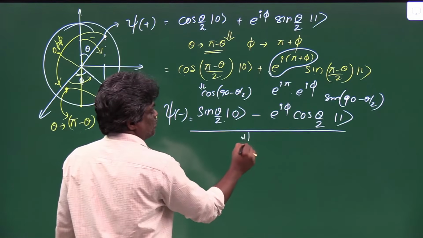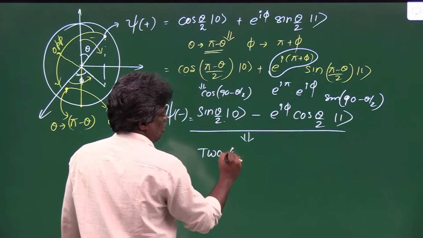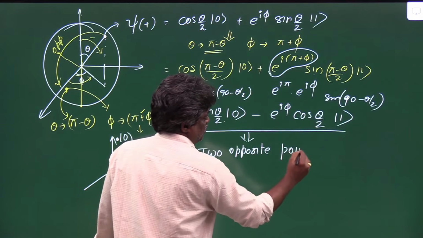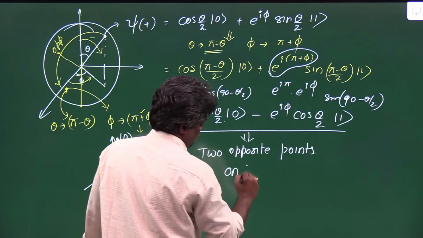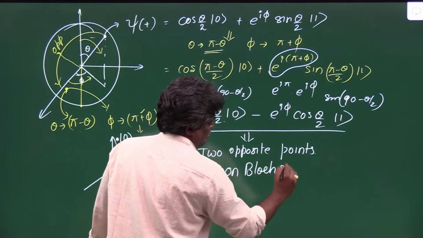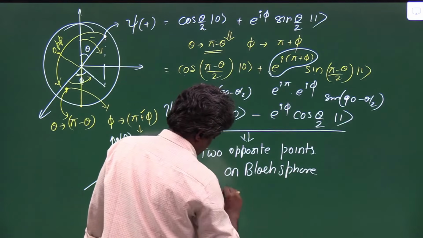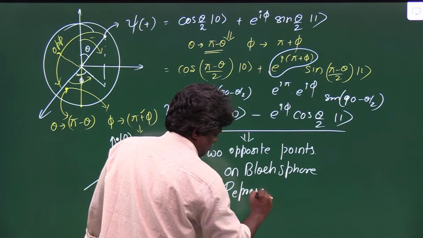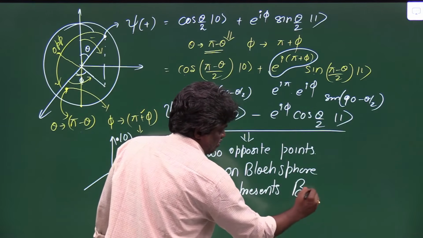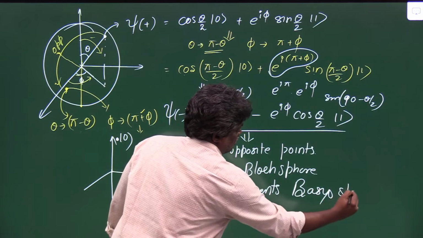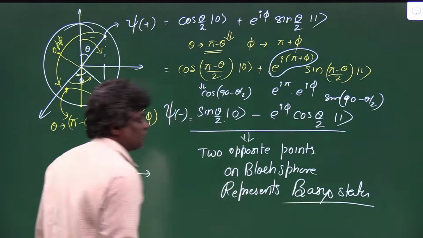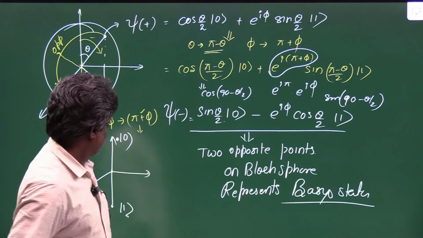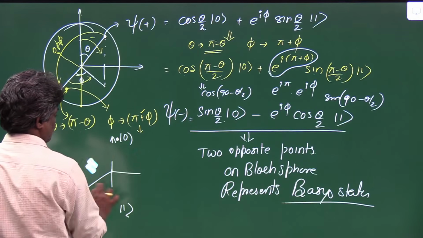Two opposite points on the same plane on the Bloch sphere represent basis states. If you take along the x-axis, you will get the x basis. If you take along the z-axis, you will get the z basis. That's it.